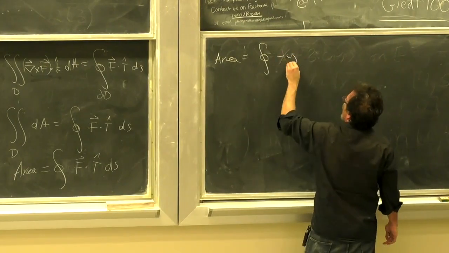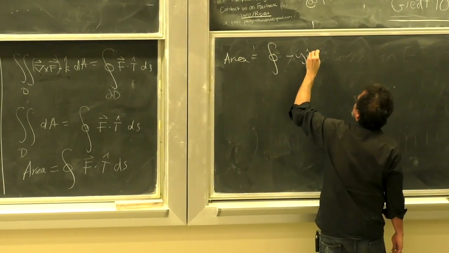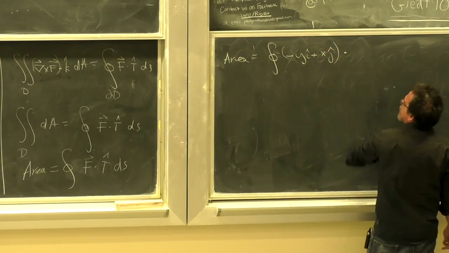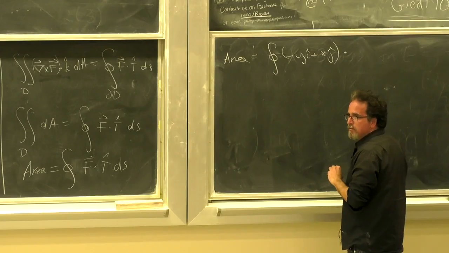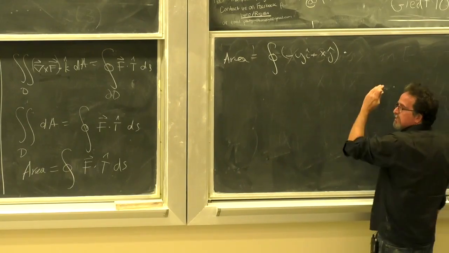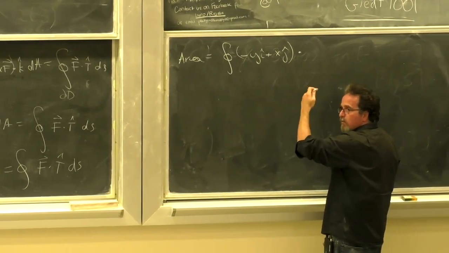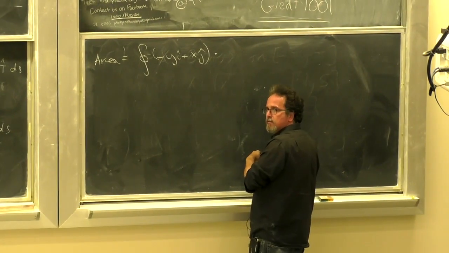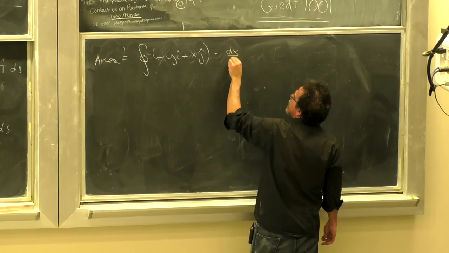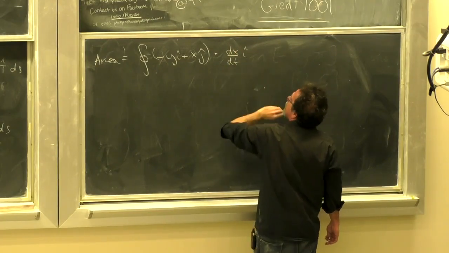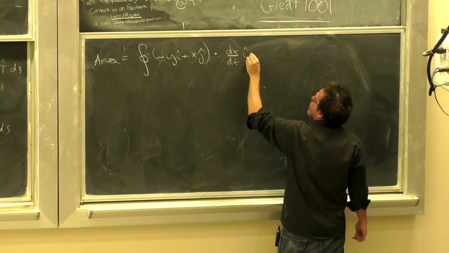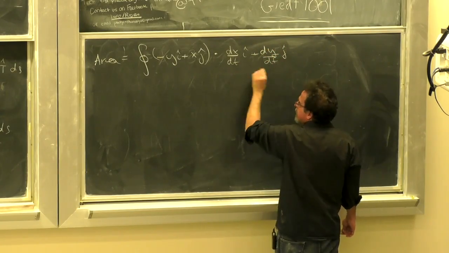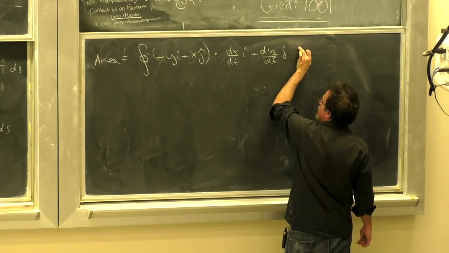F is negative y i hat plus x j hat dotted into my unit tangent, which is dx dt i hat plus dy dt j hat divided by ds dt, multiplied by ds dt, multiplied by dt.